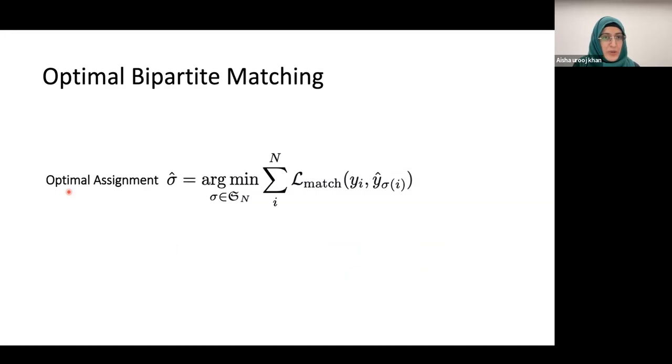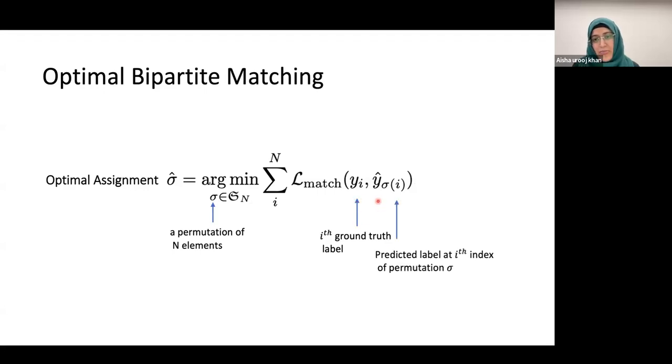So how are we computing this optimal matching? The concept comes from a standard bipartite matching function. In optimal bipartite matching, if we are matching n elements, we take a permutation sigma of these n elements. Then we have a matching function which takes the ith ground truth label, y_i, and y hat sub sigma sub i, the predicted label at the ith index for this permutation.